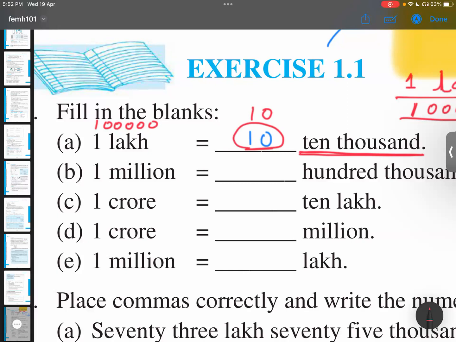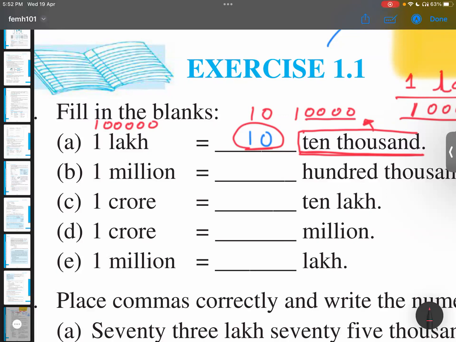So my answer was that 1 lakh consists of 10,000 tens. Let's write 10,000 over here. How many zeros are in 10,000? There are four, right? Four zeros.